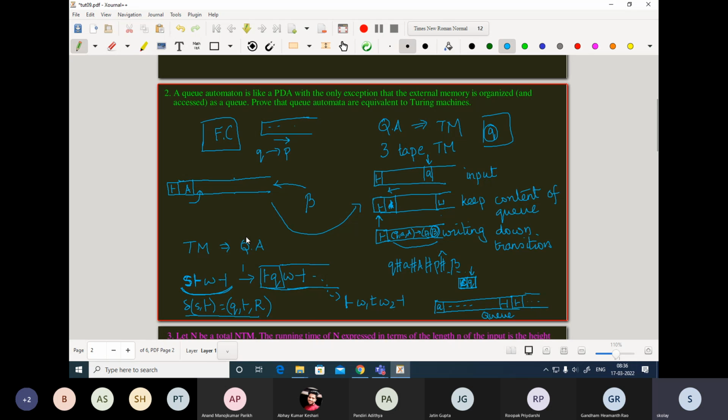Now in the next step, at a certain stage, if my configuration is, let's say, W1, Q, A, W2, and right hand marker, then this is what I'm going to be remembering in my finite control. Sorry, not this. Let me rewrite this a little bit. I have W1, C, Q, A, W2, right hand marker.